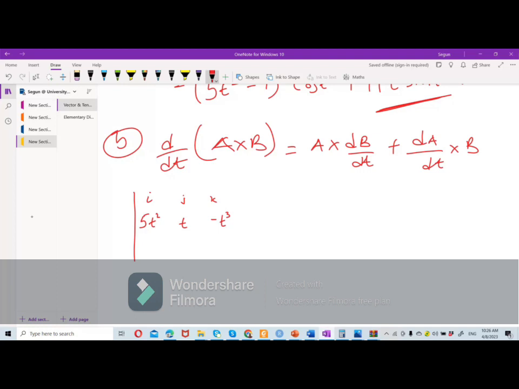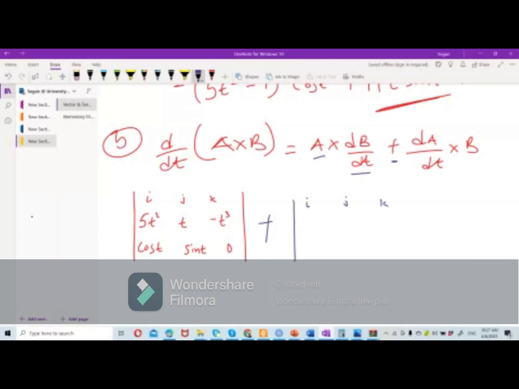That is from equation A. Then I need dB/dt when we differentiated it. We have cos t, sin t, 0. The sign here is saying plus. So don't forget, plus I, J, K.